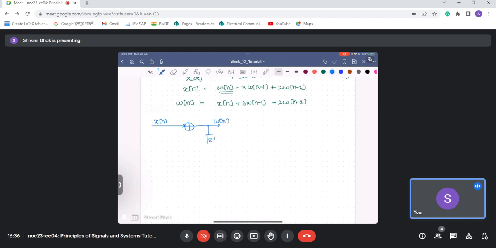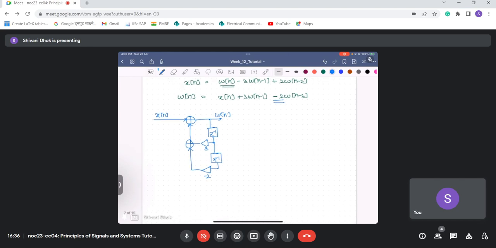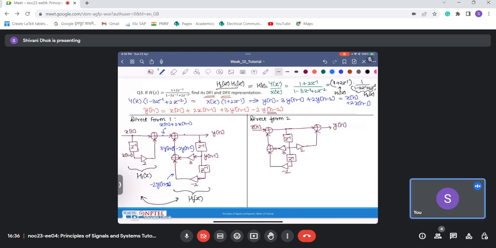So I have a z inverse here, then I have a gain block of 3, again I have z inverse and a gain block of minus 2, and this gets added here. This is okay? Okay, madam, I got it. This is exactly the same thing that I have drawn here.